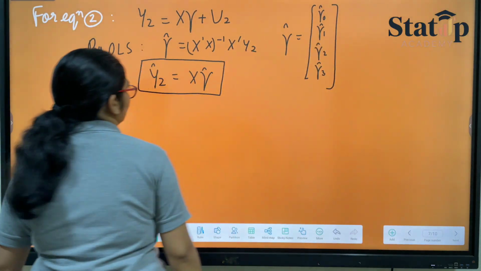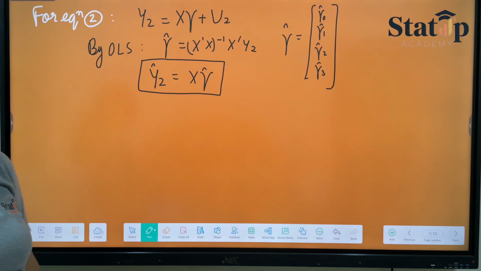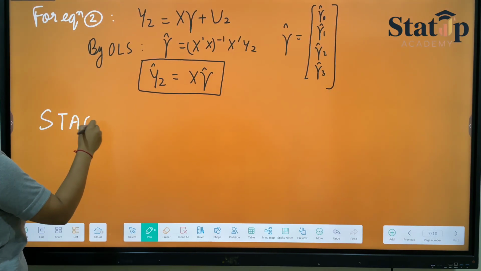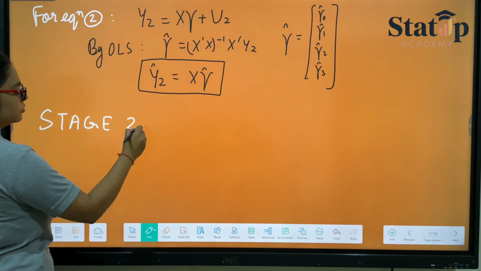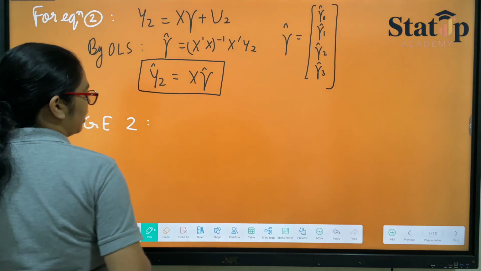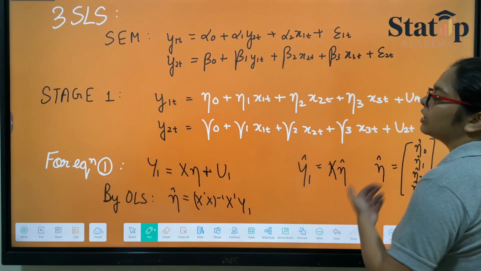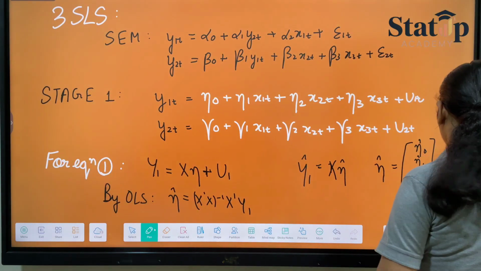Okay, so this was our stage 1. Now moving on to stage 2. In stage 2 we will put the original model y1t equals alpha naught plus alpha 1.